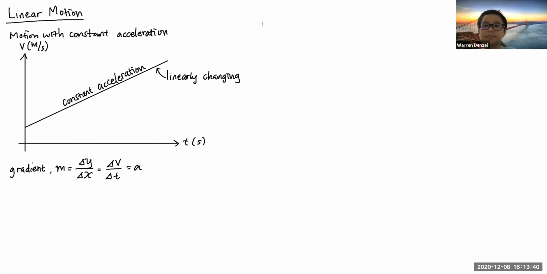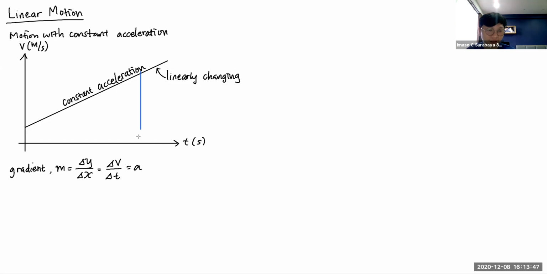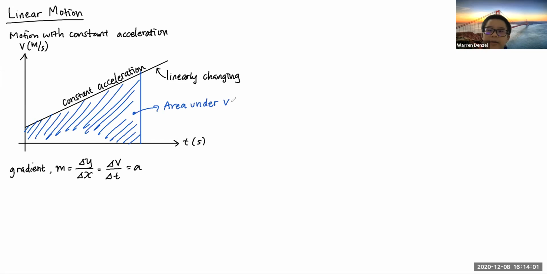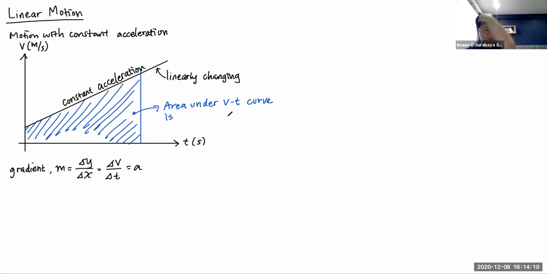Since this is a VT graph, if I draw a line here, what is the area under this curve? The area under VT is the displacement, right?